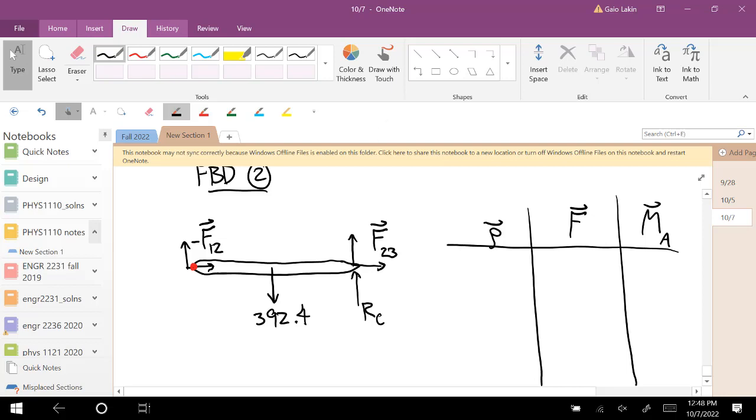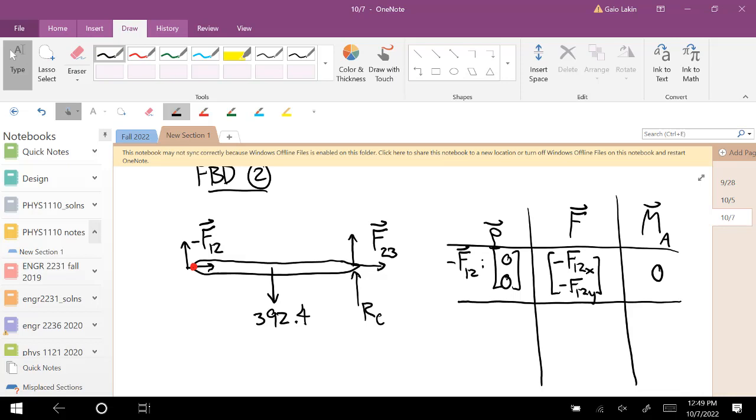All right, so the first force is negative F12. The row vector is 0. The force is negative F12x, negative F12y. Cross product is 0. The second one is the weight. And now we have to figure out how long that piece is. So I guess it's going to be 2 times the cosine of 20.